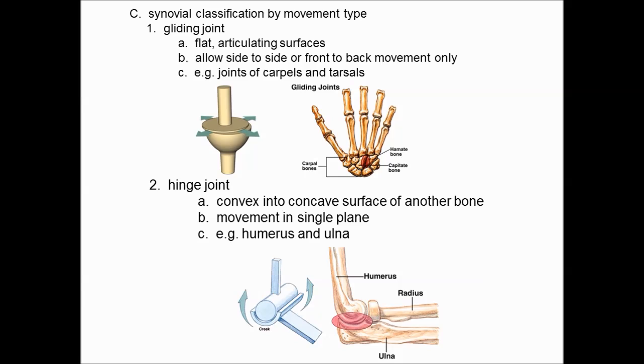This is a convex and a concave surface, and a good example is the joint between the humerus and the ulna, which is capable of flexion and extension, movement in a single plane.